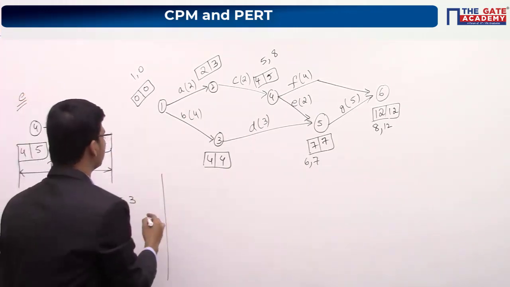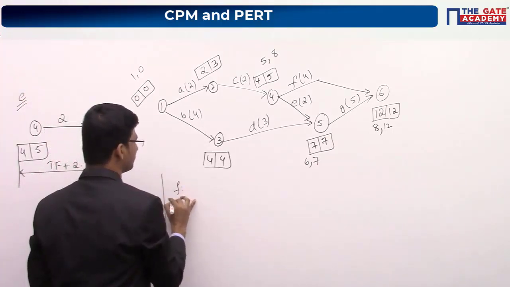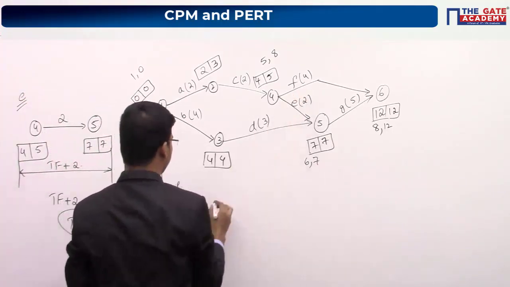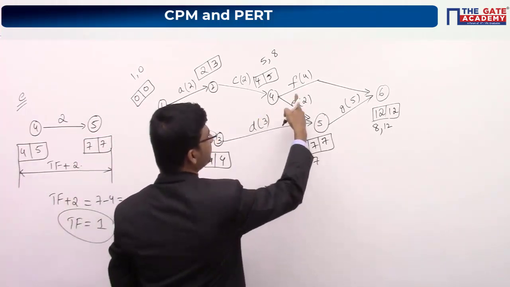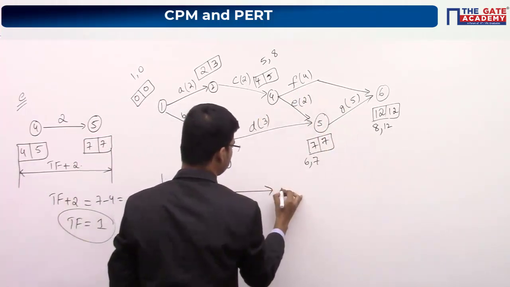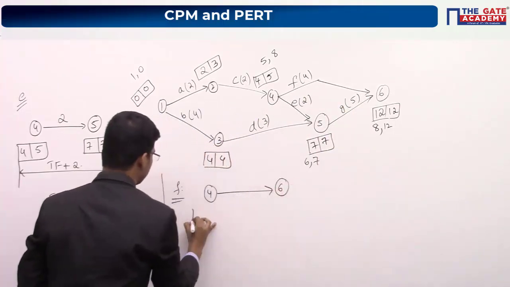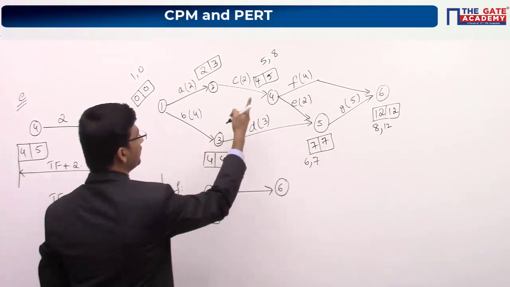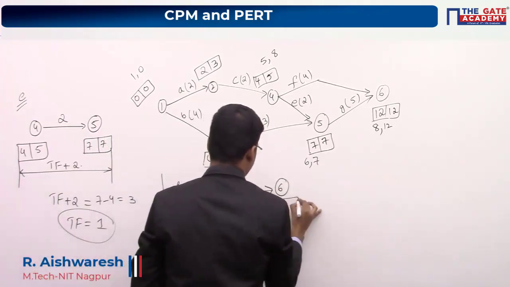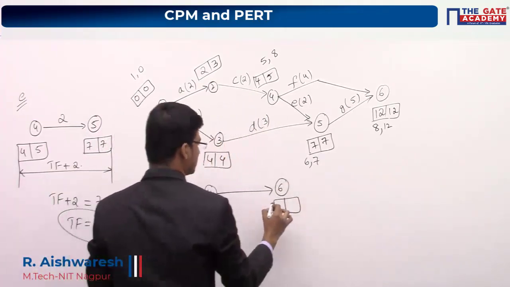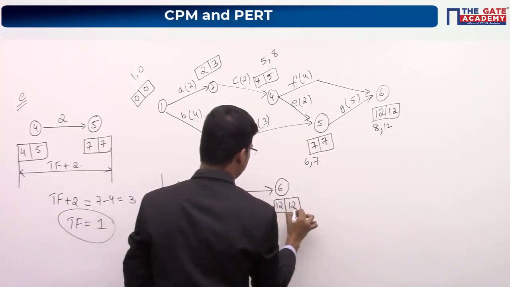They are asking us to calculate the total float value for activity F also. So calculate for F, it will be from 4 to 6. This is your activity F. So write down the values. For 4, this is 4, 5. 4 to 6, it is 12, 12.